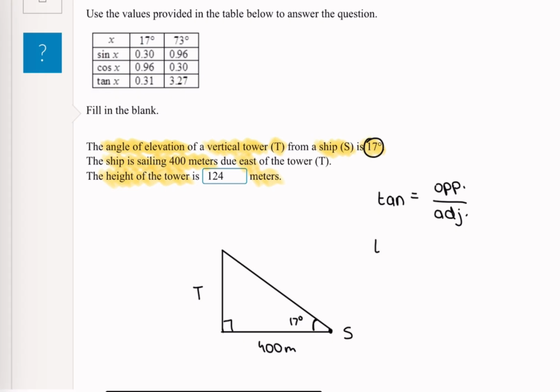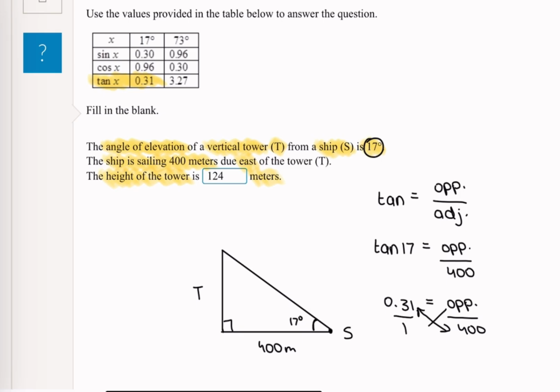So we've got tan 17 degrees is equal to the opposite, which is the tower, over 400. Now we know that tan 17 is 0.31, as they gave us here. So we can replace that: 0.31 equals opposite over 400. And we can do cross multiplication.